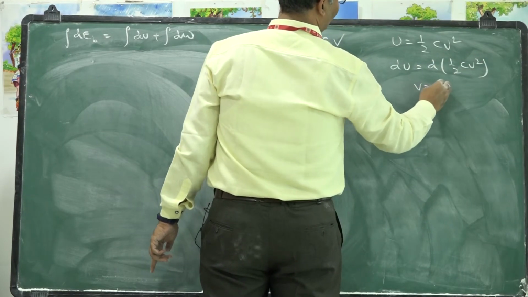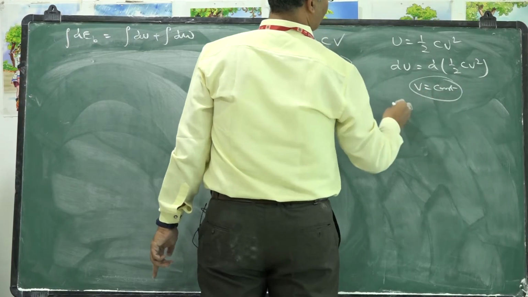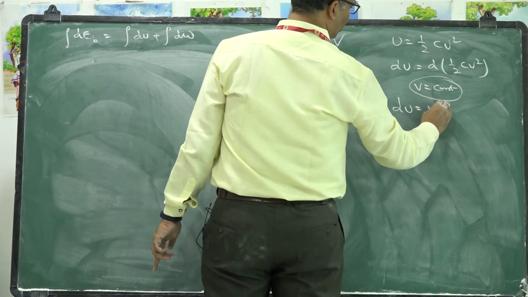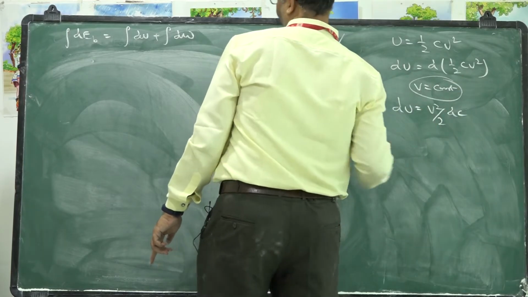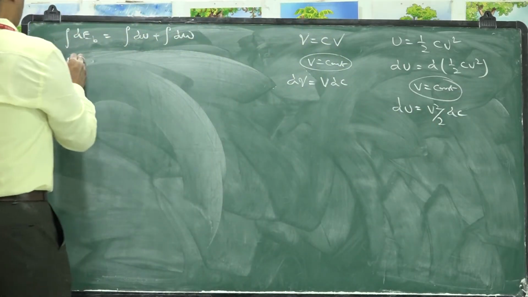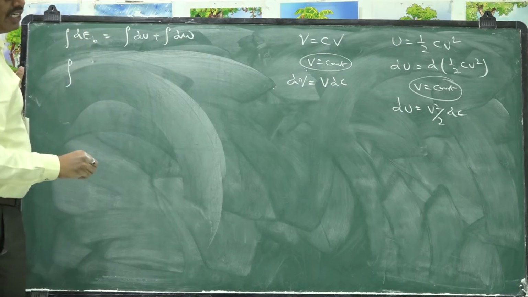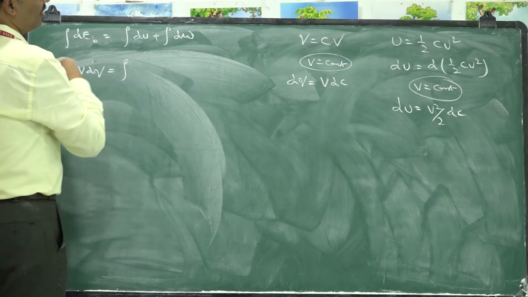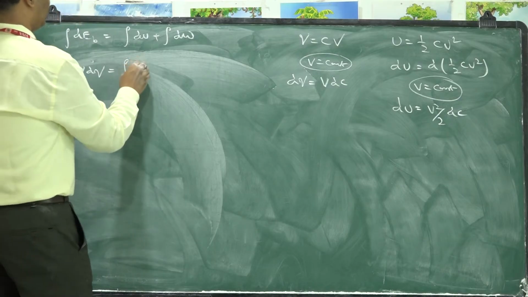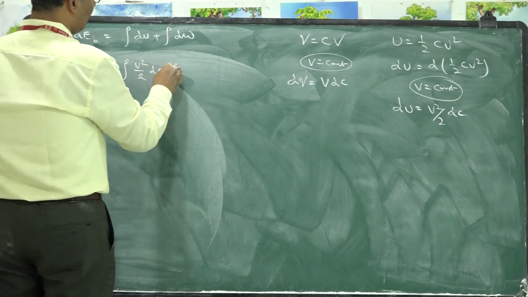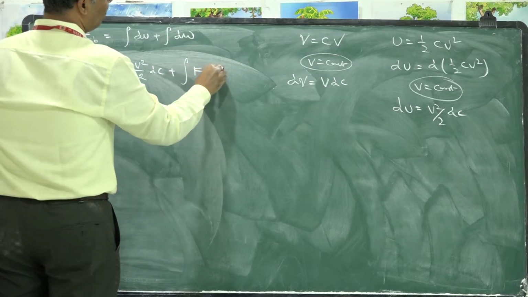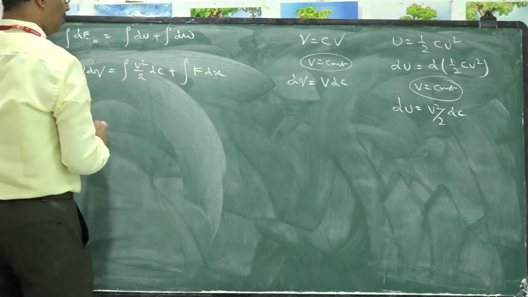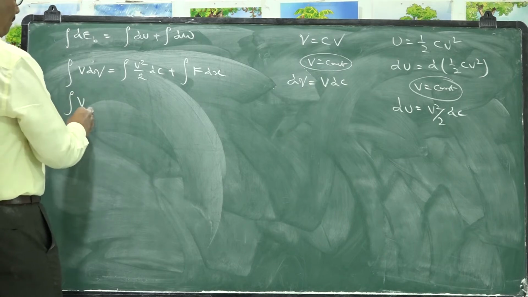As V is constant, dU is equal to V square by 2 dC. Here we already calculated integral dEB as V dQ, integral dU as V square by 2 dC, and integral dW means F dx. dQ can be replaced with V dC.